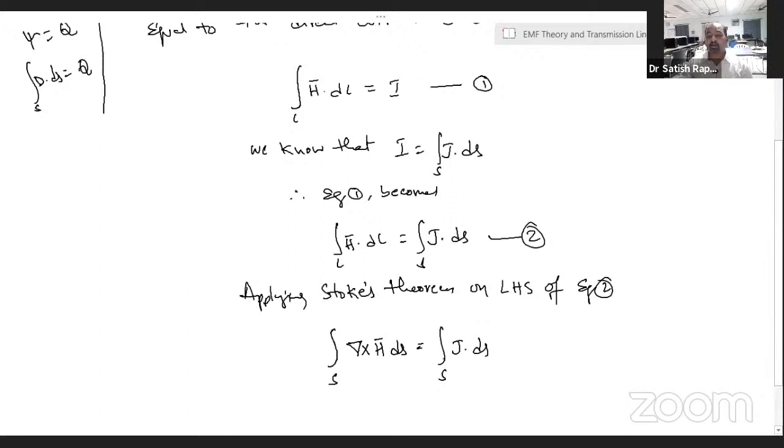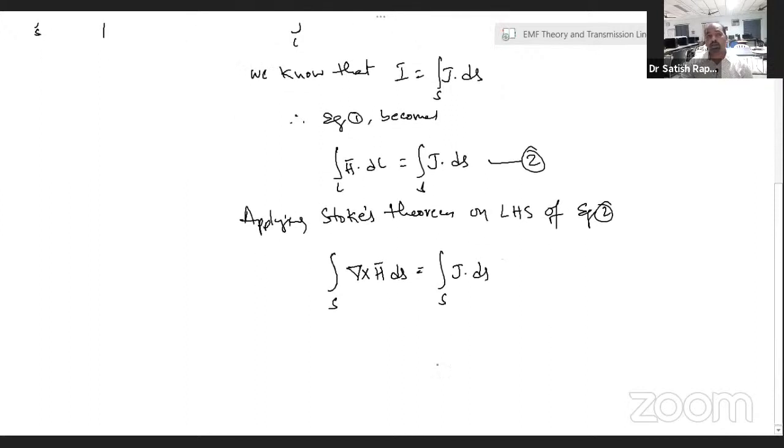And similarly here also, the magnetic field is uniform. So H, del cross H and J are uniform, and therefore they can be taken outside the integration. We are then left with the surface integral of dS on the left hand side and on the right hand side.